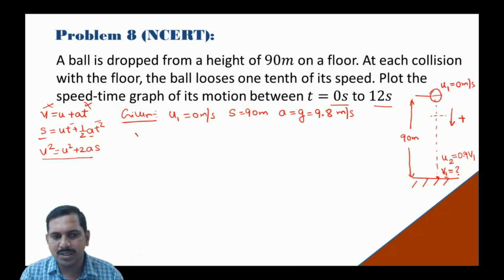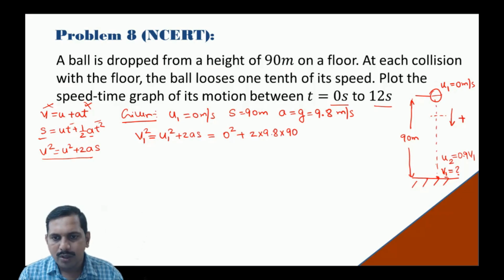The equation we will use is v1 square is equal to u1 square plus 2as. This implies v1 is equal to the square root of 0 square plus 2 into 9.8 into 90 meters.